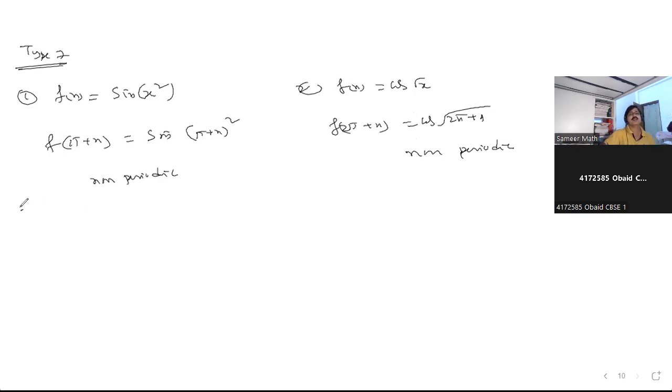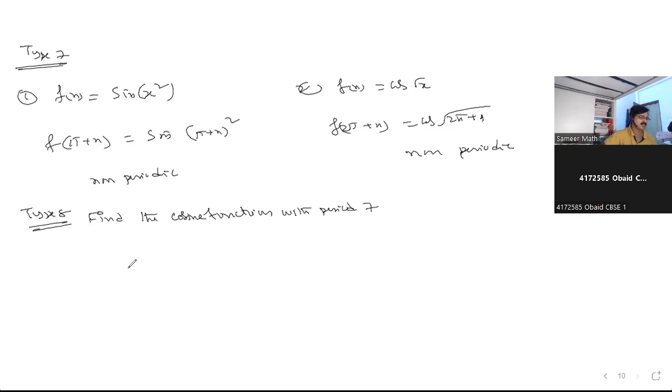This is one. Last type, type 8. Type 8 is interesting. They will give the period and you are supposed to find the function. How? Like this, for example. This is the last one for period. Find the cosine function with period 7.